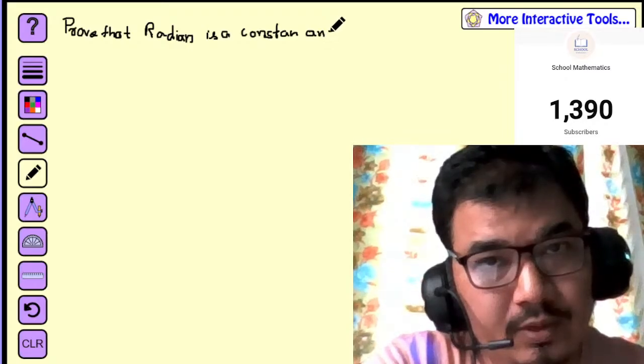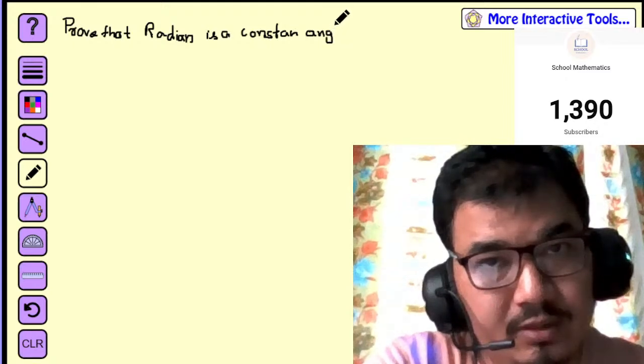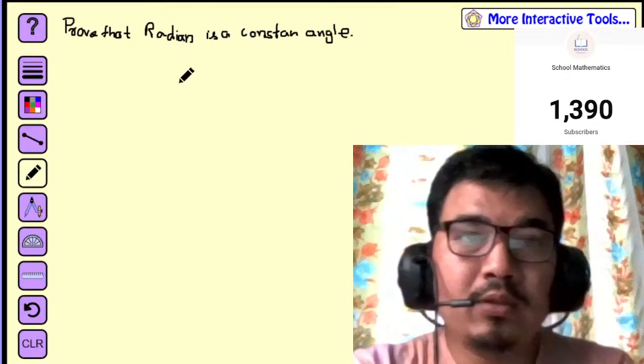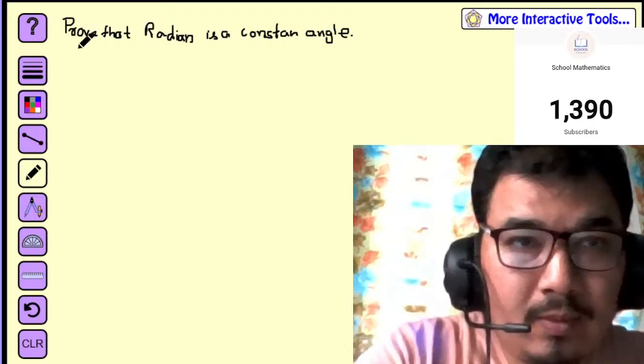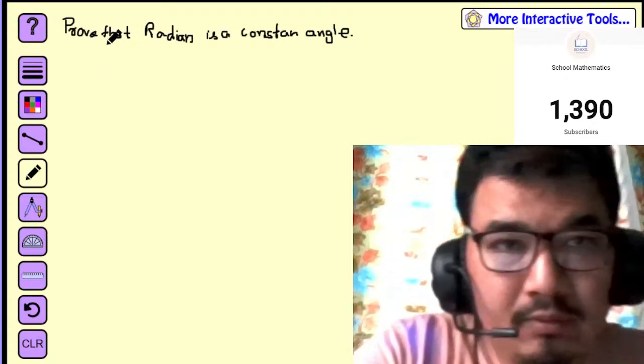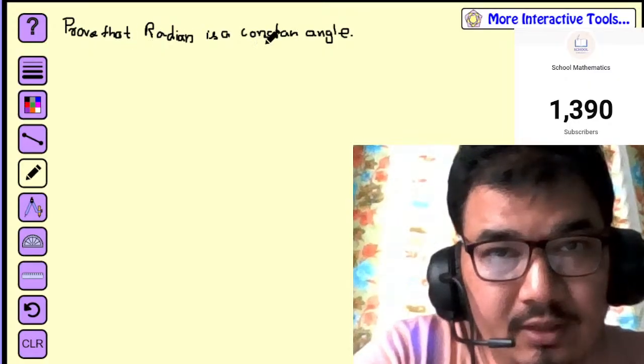Now I want to show you step by step how to prove this question. The question is to prove that radian is a constant angle.